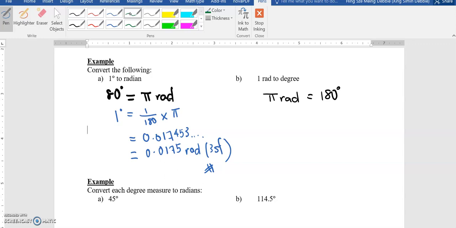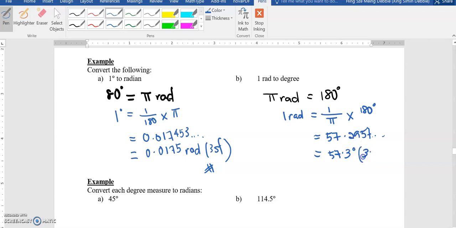So to find 1 radian, we take 1 radian out of the pi radians times 180 degrees. Upon calculation, that will give you 57.2957 and so on, which is 57.3 degrees in 3 significant figures.